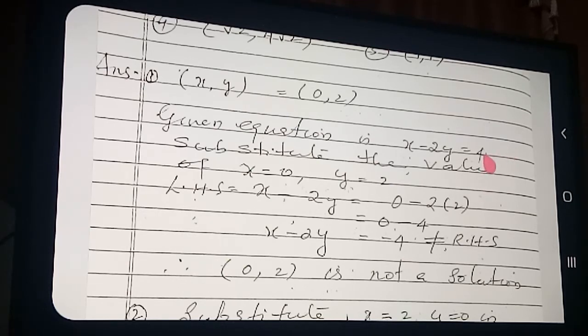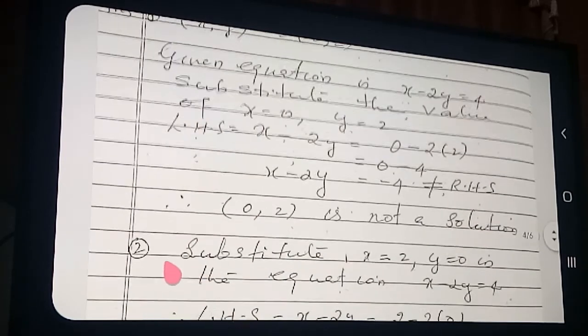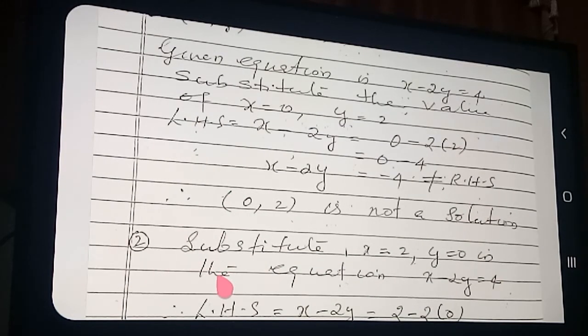You want to get 4. So minus 4 is not equal to plus 4. Okay. So what I written? LHS answer I got as minus 4, so it is not equal to the RHS. Therefore what I written? (0, 2) is not a solution. Are you clear? Okay. Copy it and then move to the next question.